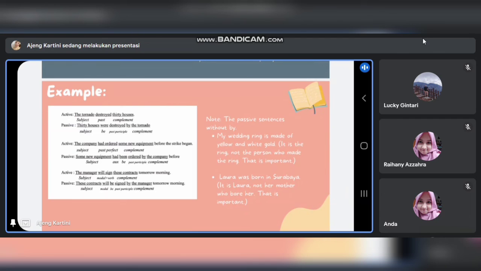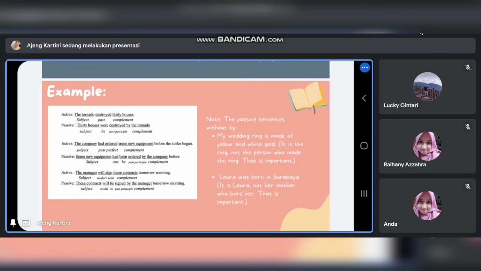For example, all of us know that when we want to change from active voice to passive voice, we add by. So for the simple sentence, for example, hurricanes destroy a great deal of property each year, and we want to change to passive voice, we move the subject.